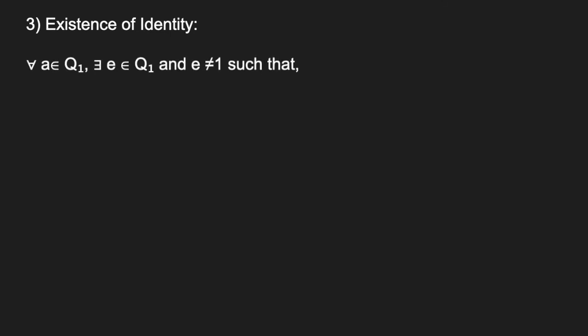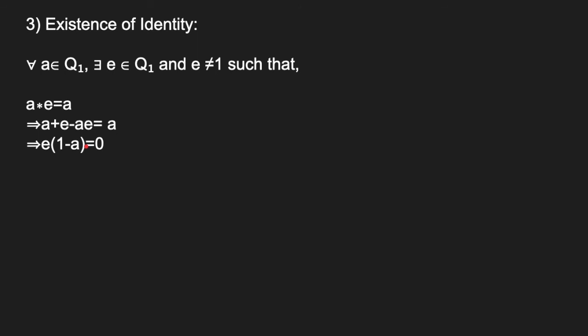The third property, that is existence of identity. Here, for every A belongs to Q1, there exists some E, some identity element, such that A star E has to be A itself. But here we also have a condition that AE is not equal to 1. Now A star E is defined as A plus E minus A into E, that means their addition minus their multiplication, equals A. A and A will get cancelled.